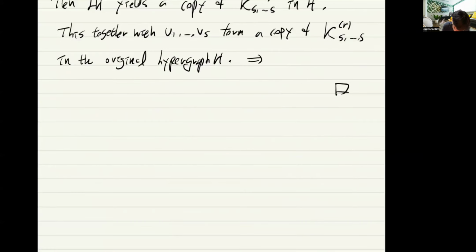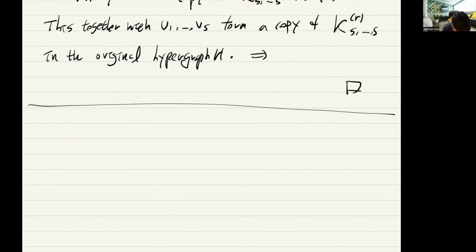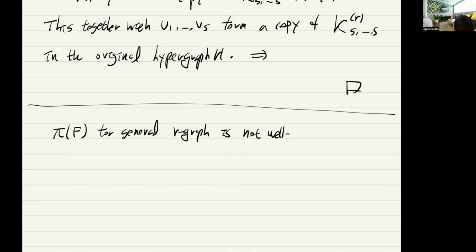Okay, so maybe I'll add a bit more comment. As I mentioned, the Turan density for a general r-graph is not well understood. We know almost nothing.